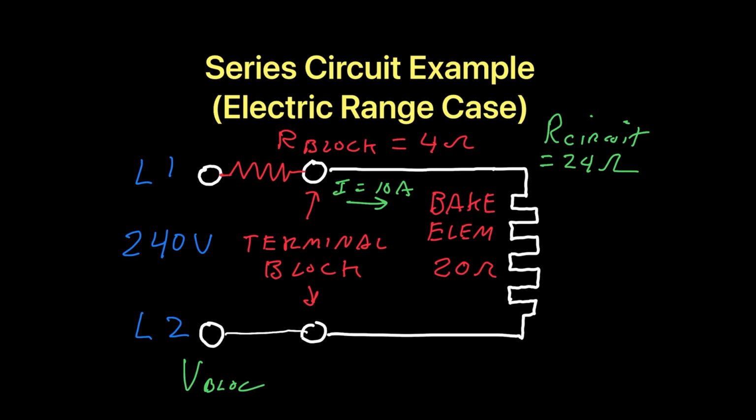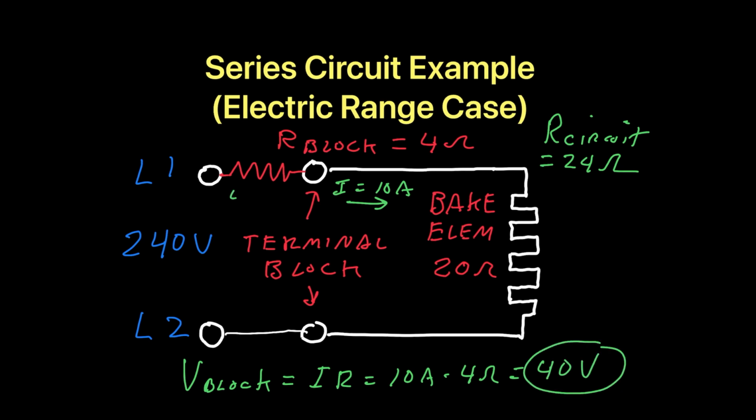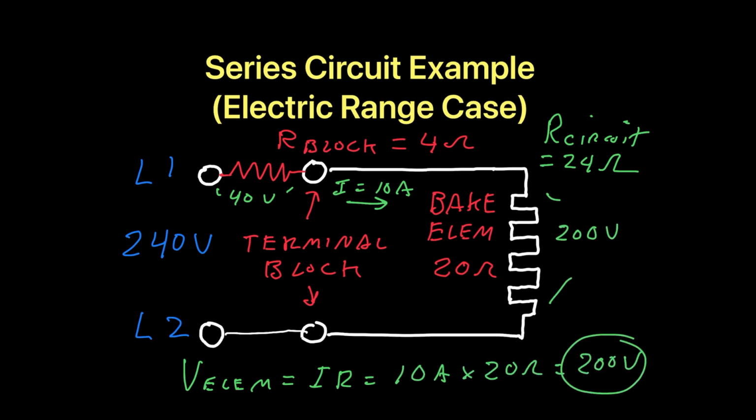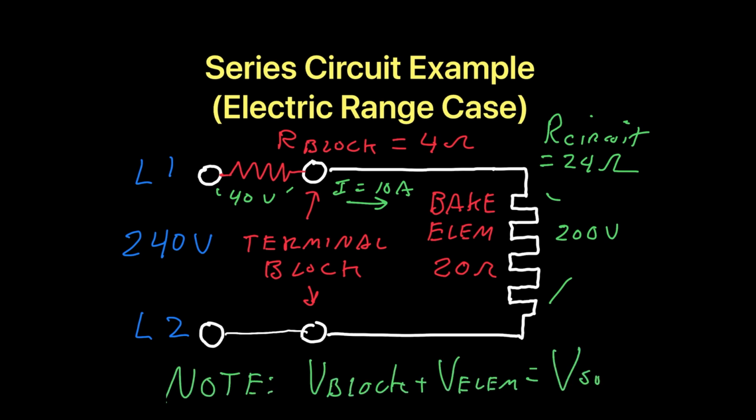With that, we can find out the voltage across each component here. The voltage across the terminal block, or V block, is 10 amps times 4 ohms, or 40 volts. This, by the way, is the voltage that is being lost in the circuit due to that loose connection. The voltage across the element is 10 amps times 20 ohms, or 200 volts. Note that the two voltages add up to the supply voltage, as they should.